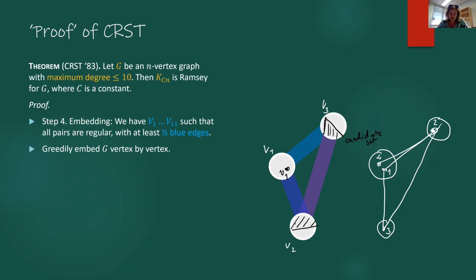In particular, for this vertex 3, we promise that at least half of the candidate set is still good. And for the fourth one, we promise that half of the candidate set, like half of this part, is still good. In other words, we're looking for a vertex in here that has at least half of the neighbors in here and at least half of the neighbors in here.